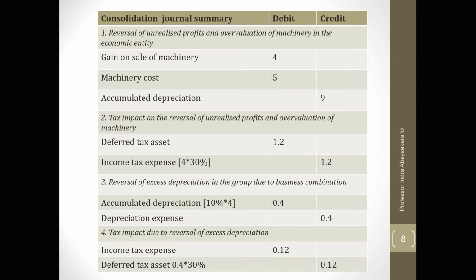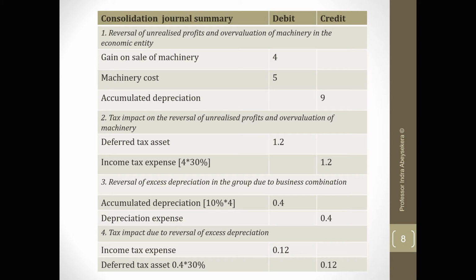So the excess carrying value is 4 and 10% is the depreciation rate. And for 1 year, we need to decrease the depreciation expense 4 into 10%, and that's 0.4. Credit depreciation expense 0.4 and debit accumulated depreciation 0.4.